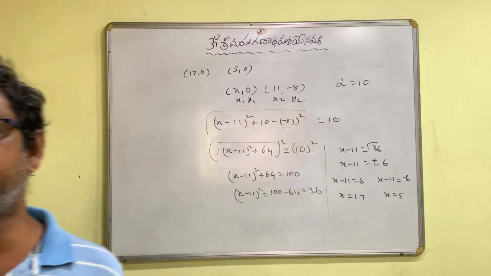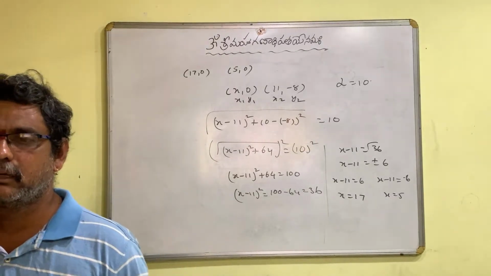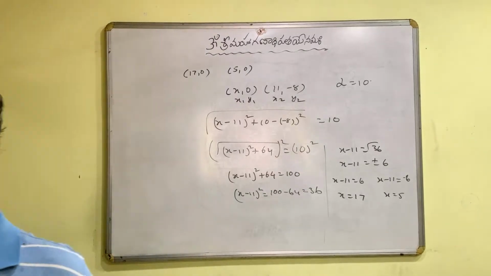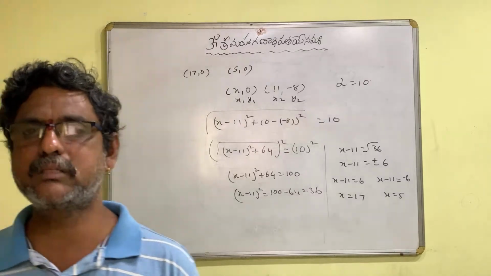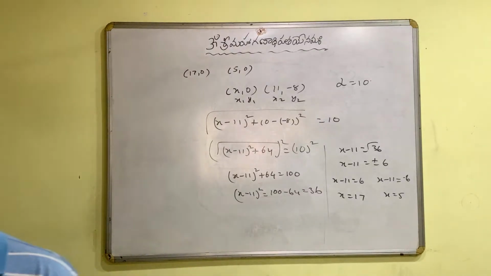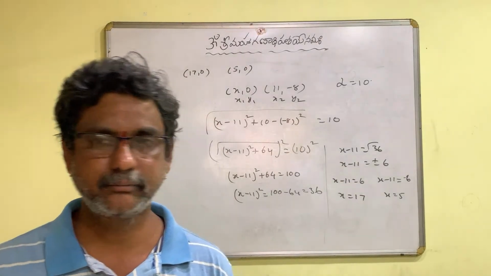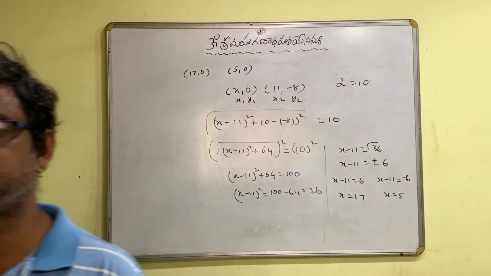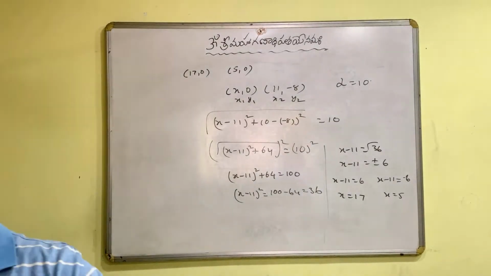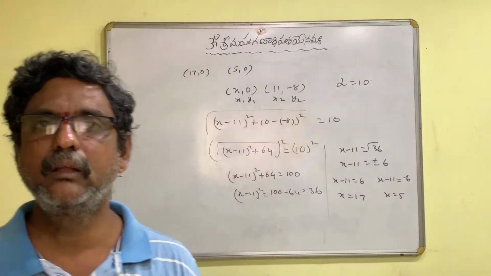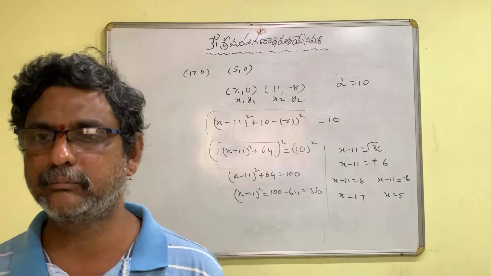He is asking to find out the points on x-axis. So you need to write two points, 17, 0 and 5, 0.